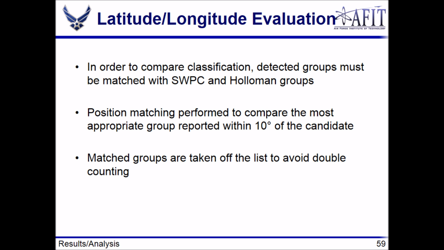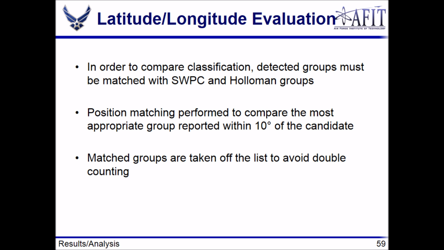All right, so on slide 59 here, after I've established that all of the parameters I'm calculating are consistent, I want to compare the classification. But before I can do that, I need to match the sunspot groups that I found versus all of the other groups that were detected.